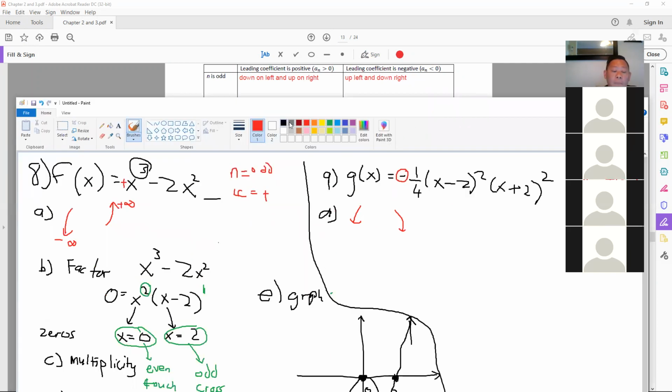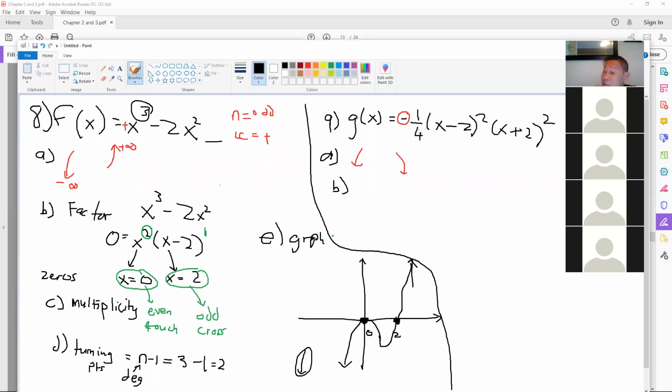Okay. Now in part B, they want us to find the zeros. So how do you find the zeros in this case? This is factored, so you just set all these equal to 0 and solve for x. Now does the negative 1/4 play an important role to find the zeros?